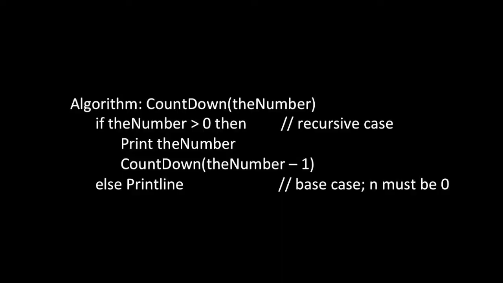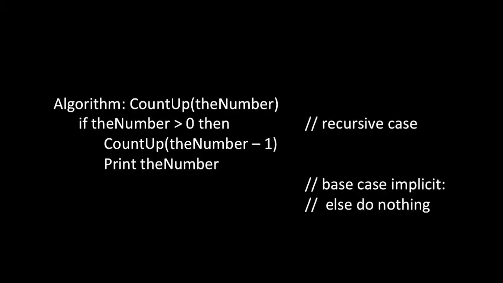Here's countdown. In the recursive case, I first print the number and then call countdown with the number minus 1. And by changing the order of the statements in the recursive case, I now have an algorithm for count up. My recursive algorithm for count up takes the number as its argument. The recursive case is that if the number is greater than 0, then I count up the number minus 1 and then print the number.